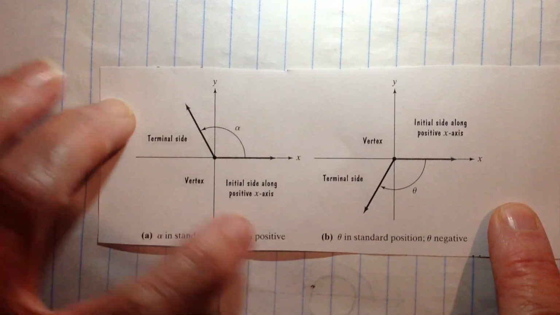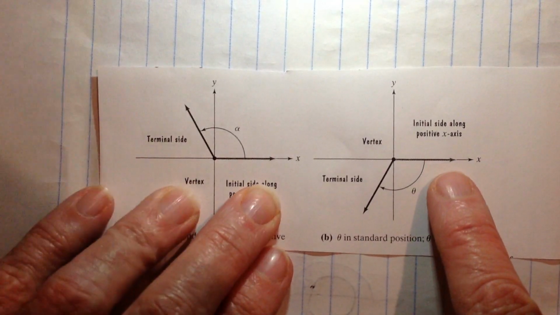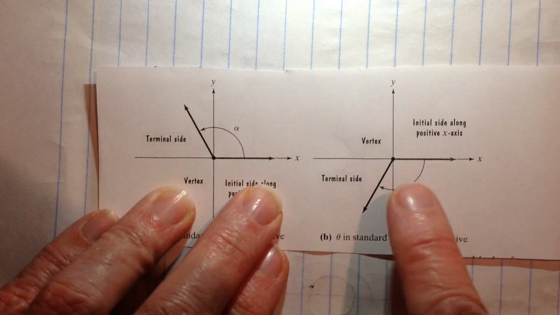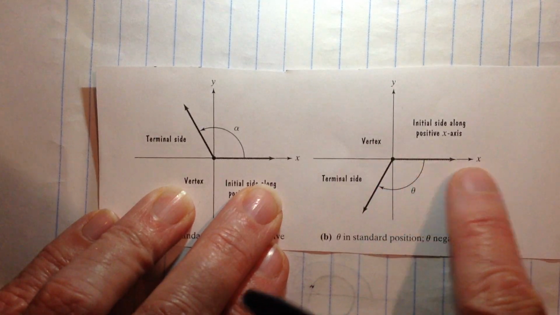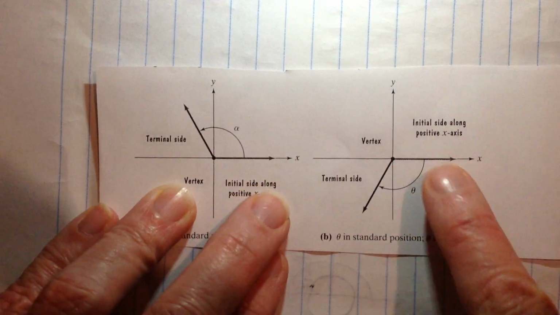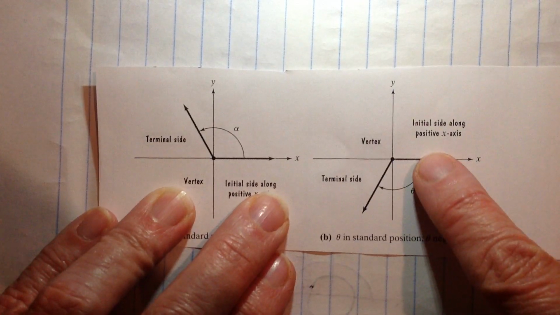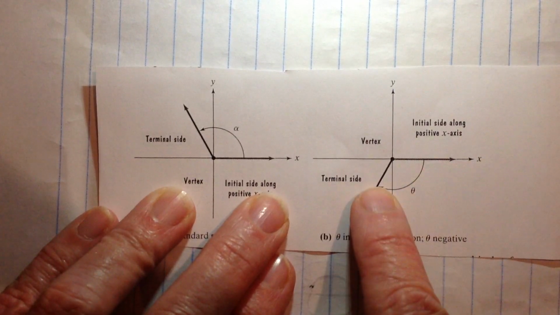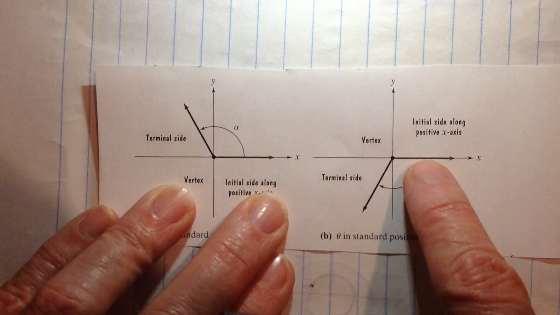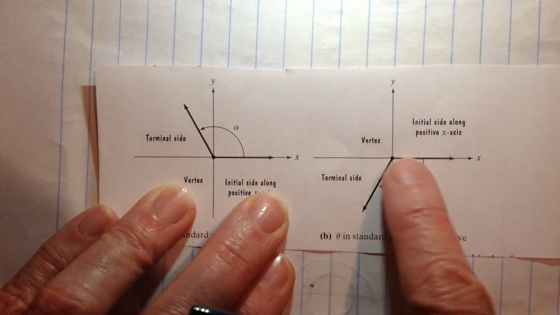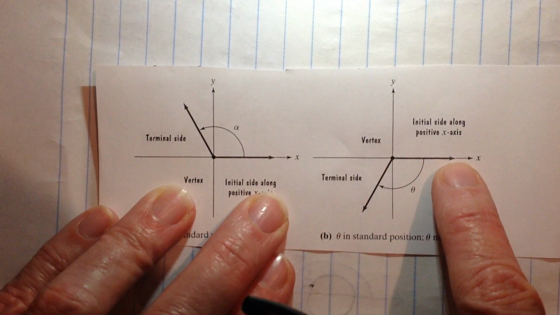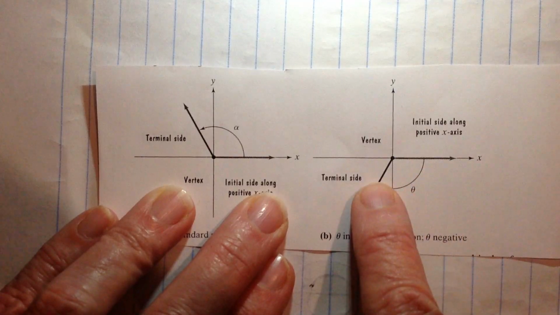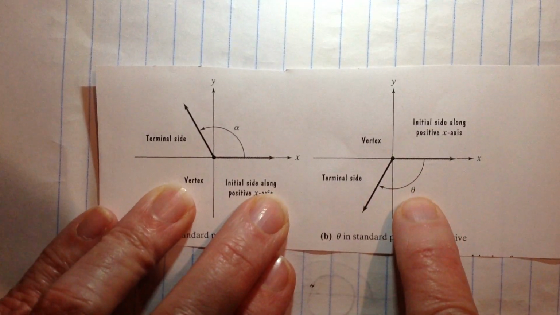Okay. Now looking at this figure here, we have the initial side along the positive x-axis. But notice that this angle went clockwise. Any angle that goes clockwise with the initial side at the positive x-axis, theta will be negative.